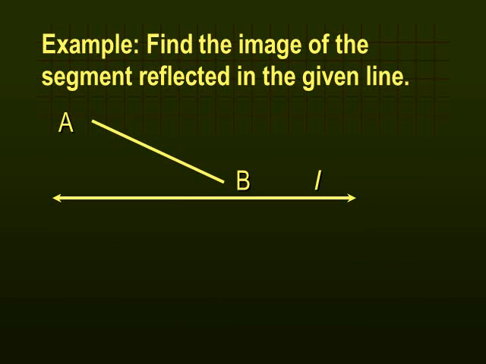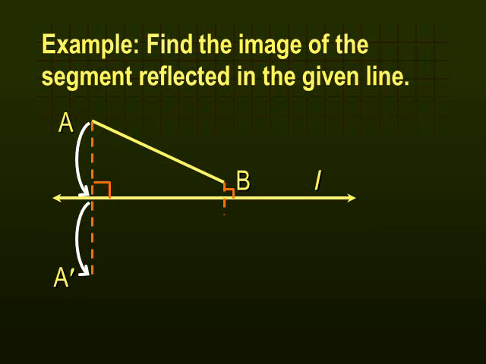I need to find the image of the segment that's reflected along line L. I'm going to draw some lines here. Line L is a perpendicular bisector of the segment between A and A prime. There are the perpendiculars, and that one little arrow is exactly the same distance as the second arrow that gets me to A prime.